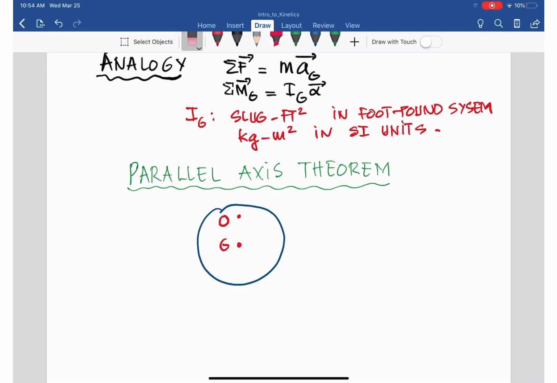Those two parallel axes go through G and through O. Let's define the distance between those two as D.